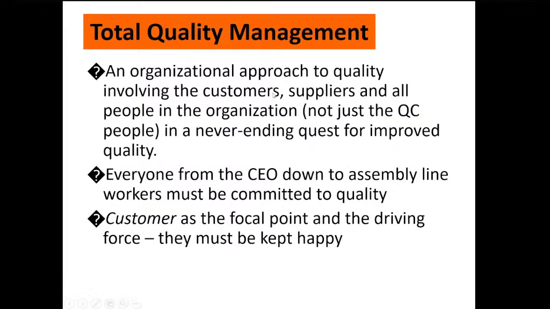And TQM, total quality management, is when the organization's approach to quality involves the whole quest from customers, suppliers, vendors, and etc. For everyone from the CEO down to the assembly line, they are committed to quality.